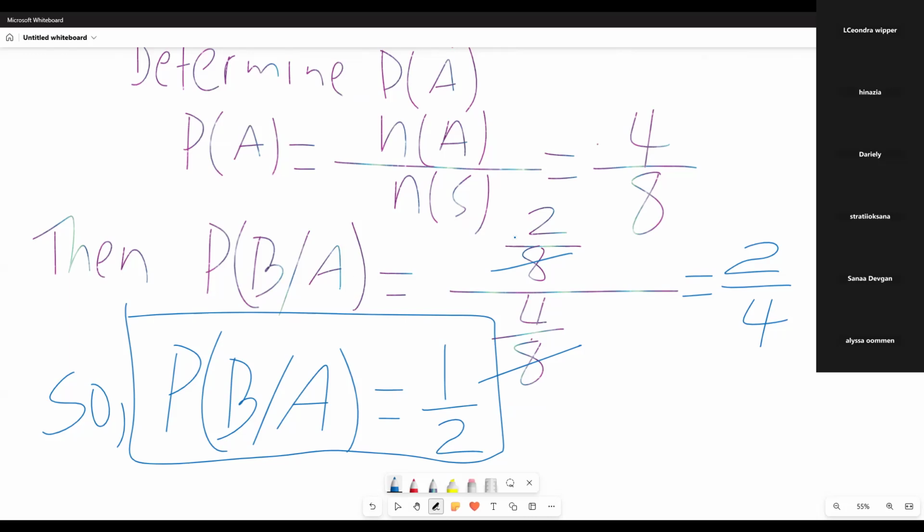And then P of A and B, we found that before it was 2 over 8 or 1 over 4, but I used 2 over 8, instead of 1 over 4. And then we found P of A is 4/8. So that's why here I cancel the 8. So we got 2/4. You simplify by 2. So the probability of B given A is 1/2.